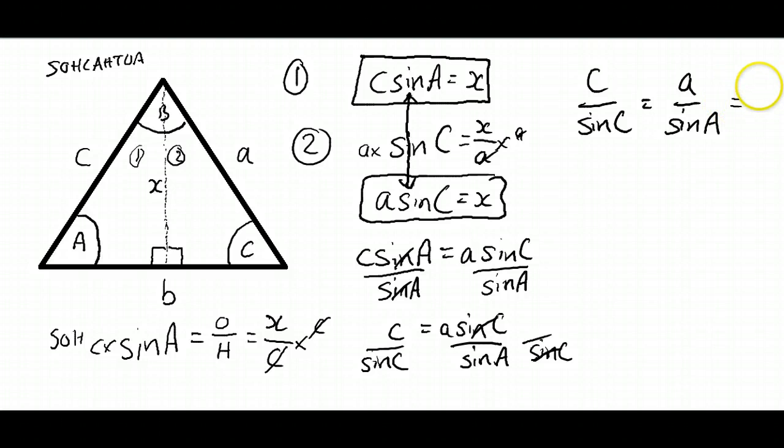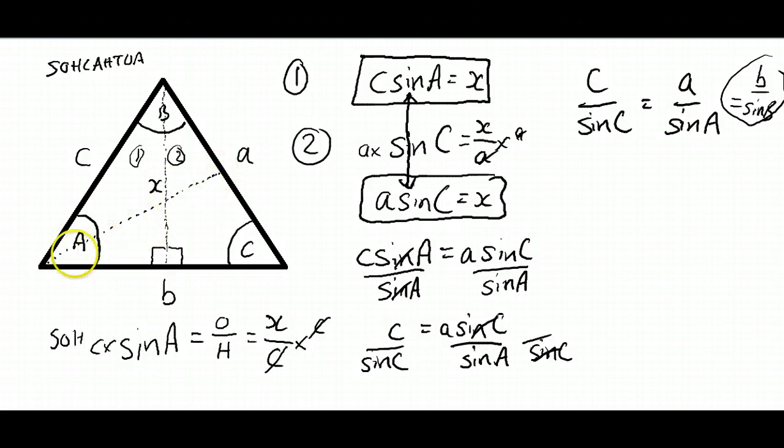The third part was B divided by sine B. Okay, and to prove that, so we've proved part of the sine rule. To prove this last part here, all we'd have to do is split the triangle in a different way.